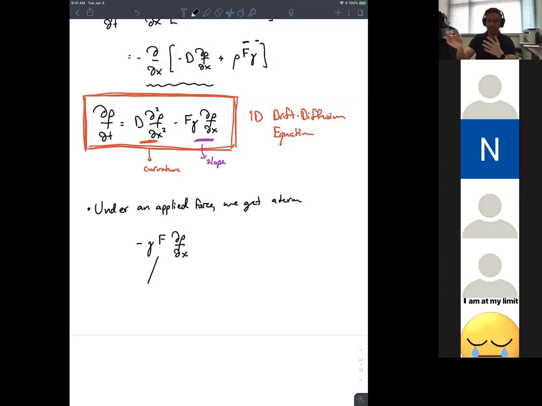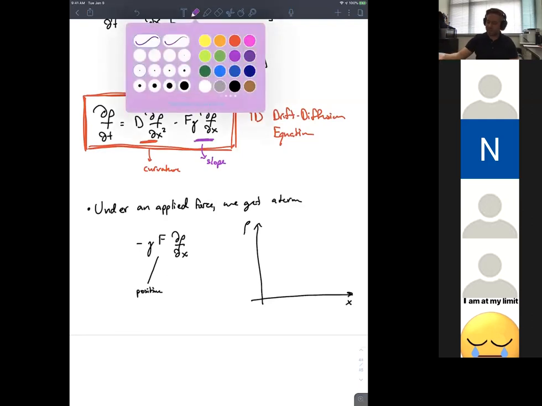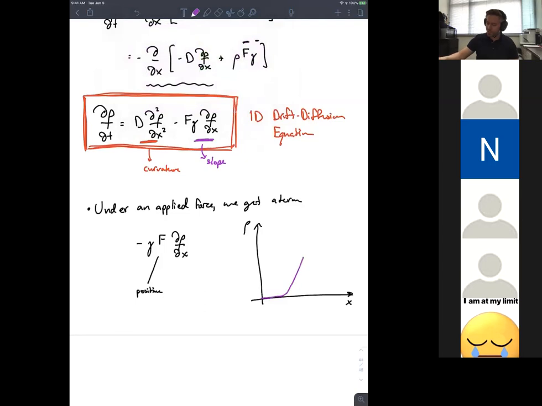Let's draw an example concentration profile. Let's say this is position and the y-axis is concentration, and we have something that looks like this, just for example. Low concentration over here and high concentration over here. And again, we are applying a force in the positive direction, so the force is going this way.